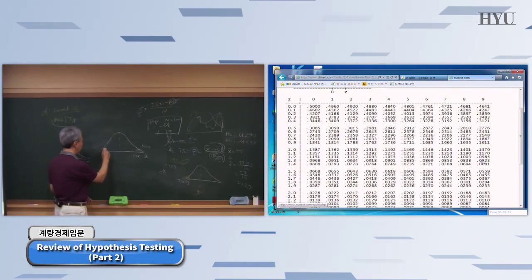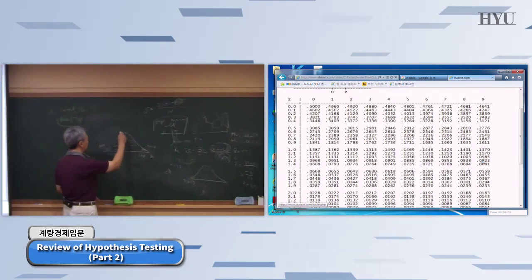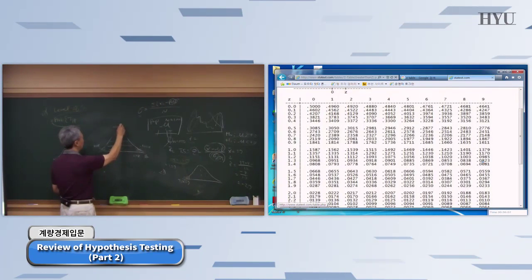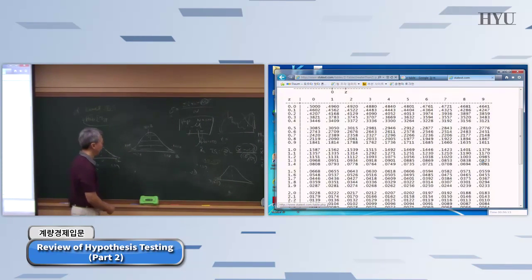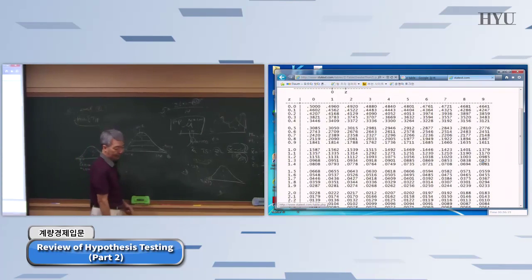So if you have negative 1.28, then that's another 0.1008. So the area between these two numbers is almost 80%, something like that.